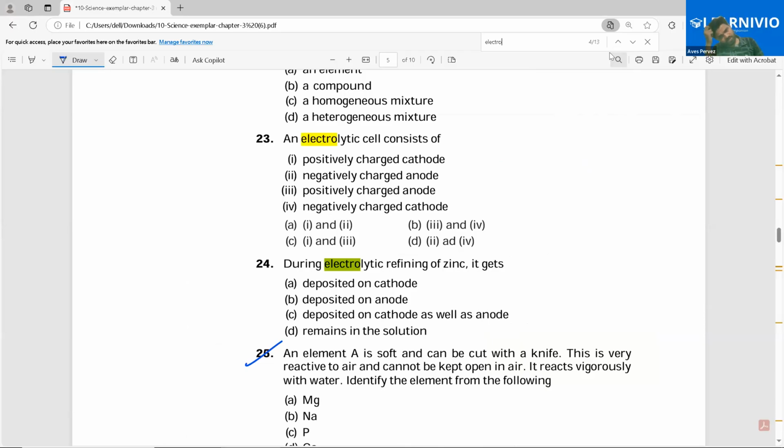Question number 23 and 24. What should be the answer for question number 23 and 24? Help me fast.